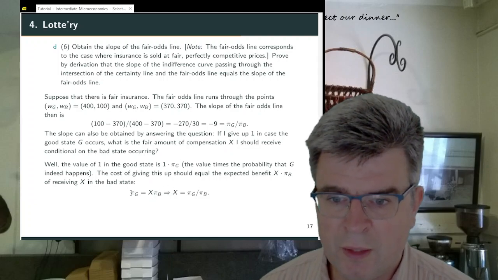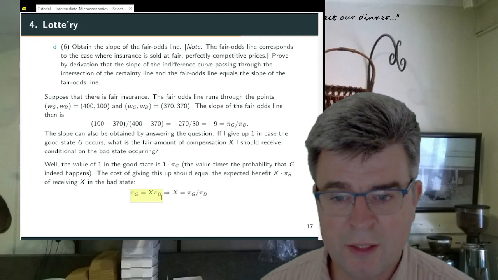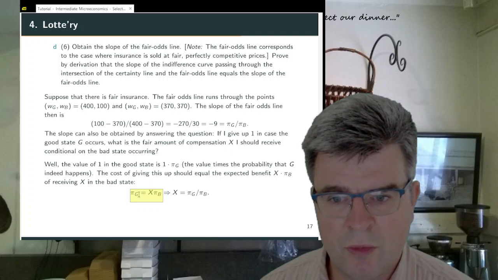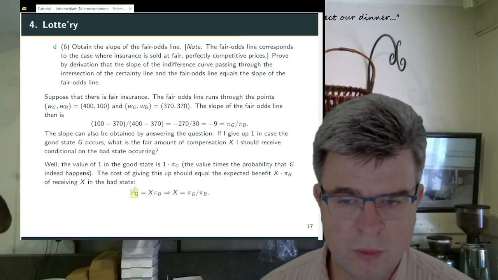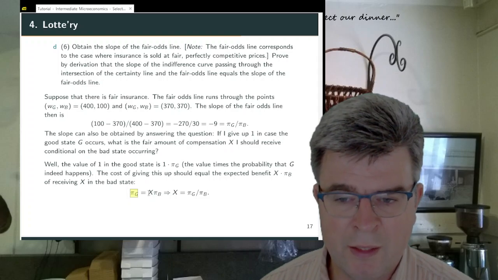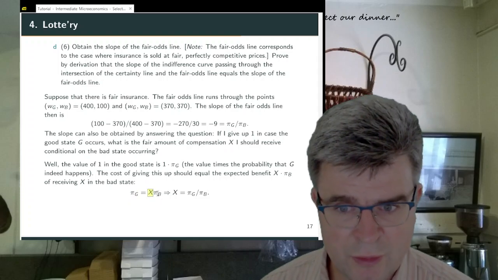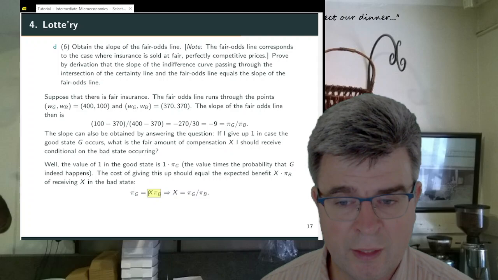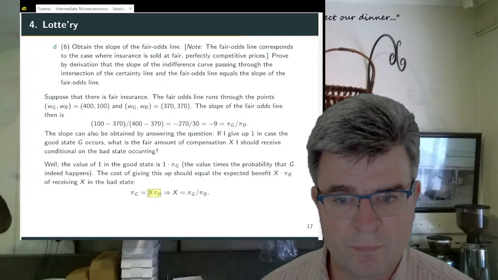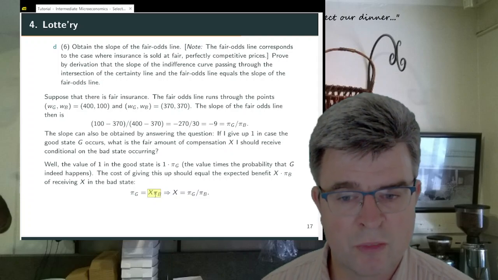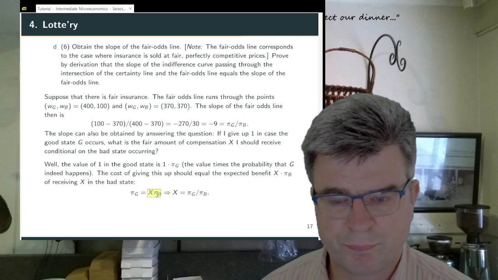So the equation should be like this. The value of giving up 1 in the good state of the world should be identical to the expected benefit that I get, X times the probability that the bad state of the world occurs.